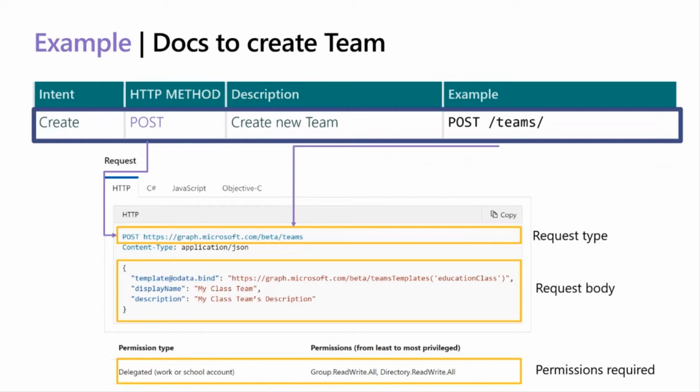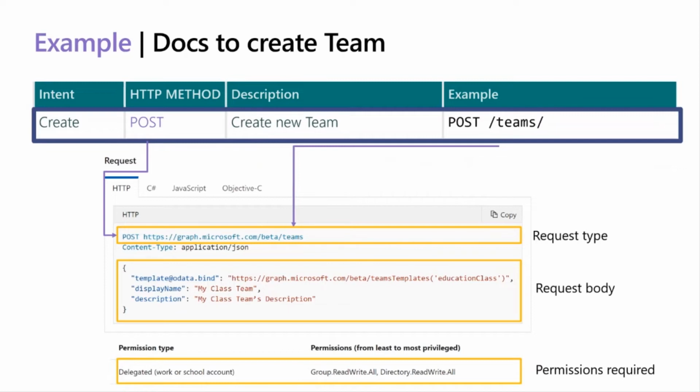In this example, to create a team, we need Group.ReadWrite.All and Directory.ReadWrite.All, because we're creating an Office 365 group, which is fundamental to a Microsoft team. But effectively, that's it. With just those three parts, we now have the request we send, the body, which is what it actually needs to do, in this example, create my class team, and then making sure we have the permissions to actually do that within your environment.